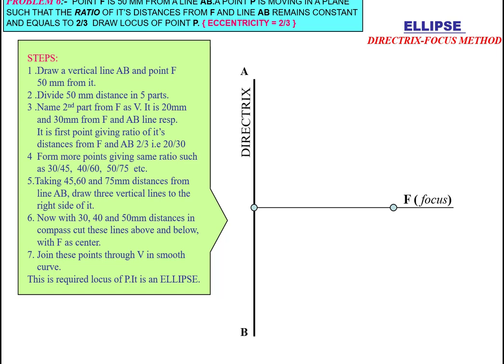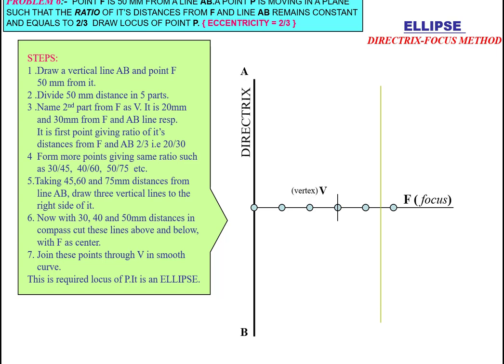Now divide the distance of the focus from the directrix into 5 equal parts and mark it in 2 by 3 ratio. So that is our vertex V of the ellipse. Now take a line from the directrix, always in the ratio.